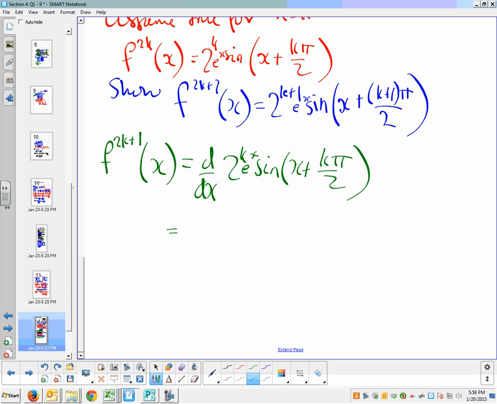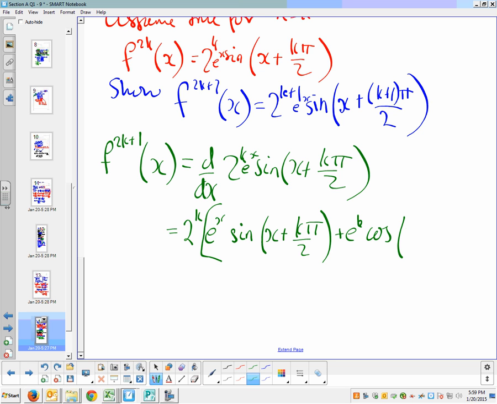So, differentiating that now, 2 to the k is just a number. We get e to the x sine x plus k pi over 2. Let's leave that as a factor. Plus e to the x cos x plus k pi over 2, exactly the same as before.